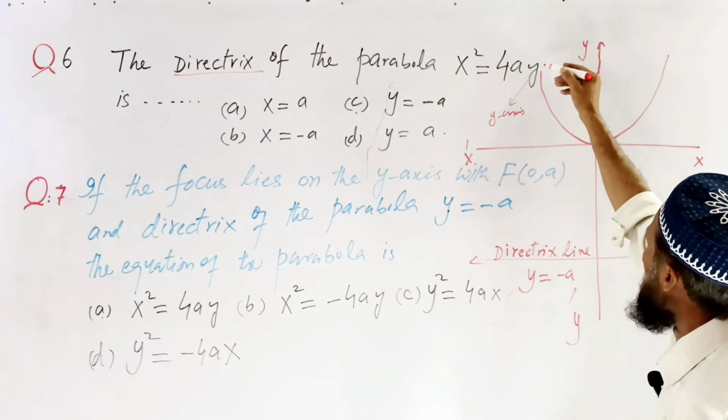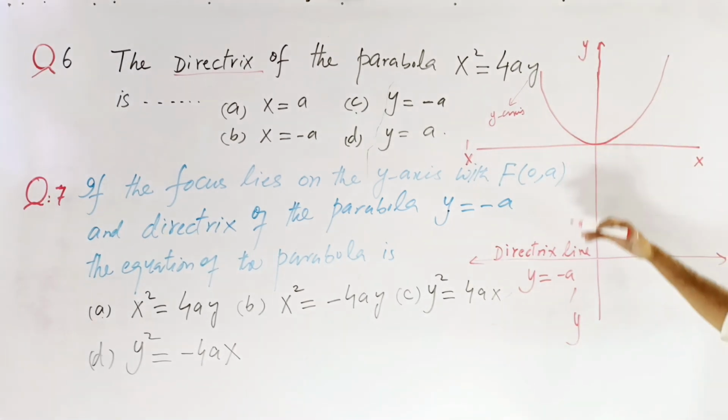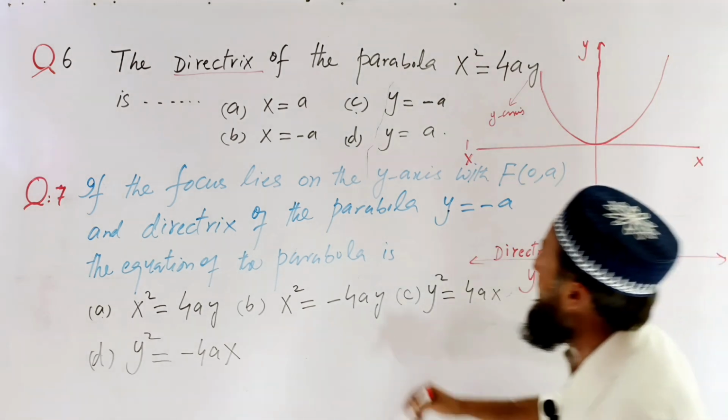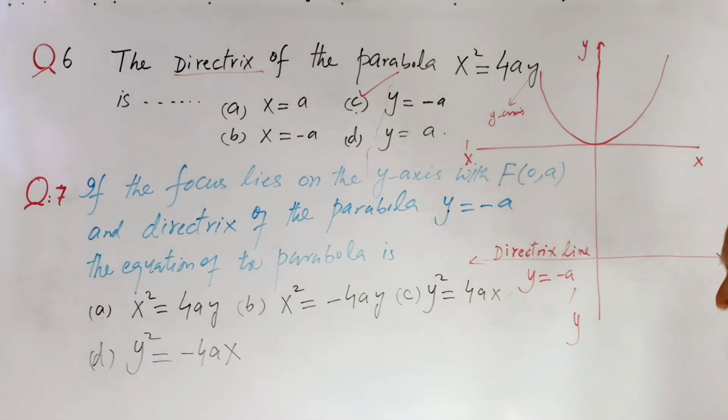The parabola is making on the y-axis, so its directrix is always opposite of the parabola: y is equal to minus a.